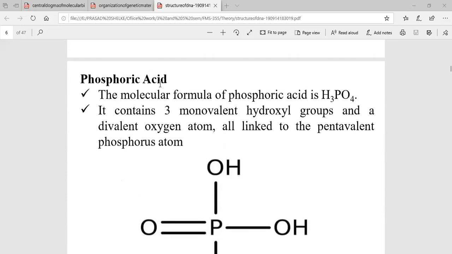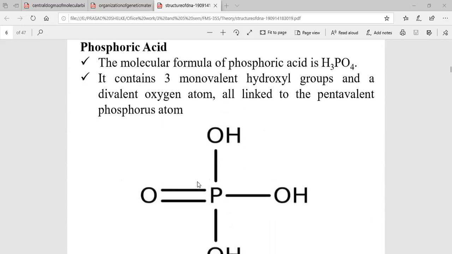So what is a phosphoric acid? This phosphoric acid is generally a phosphorus atom linked with hydroxyl groups and an oxygen group. Those are fully saturated molecules; their valency is saturated by the bonding with the phosphorus. This oxygen is divalent, so it generally bonds with a hydrogen and the phosphorus, and this hydroxyl group bonds with the phosphorus, and that we call a phosphoric acid.